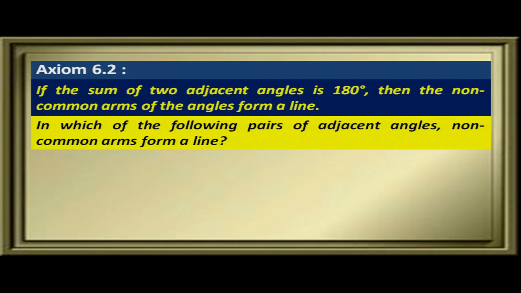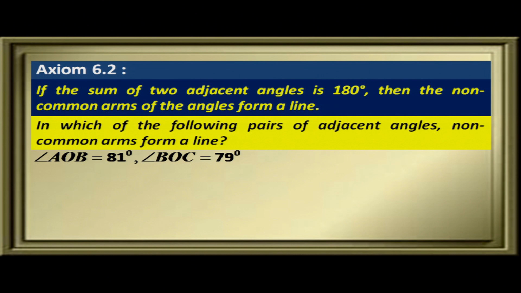Now, in which of the following pairs of adjacent angles non-common arms form a line? Let's have a look at the pairs of angles. Angle AOB is equal to 81 degree and angle BOC is equal to 79 degree.